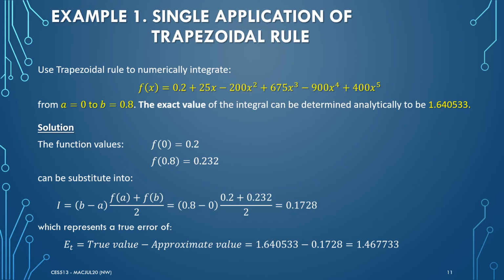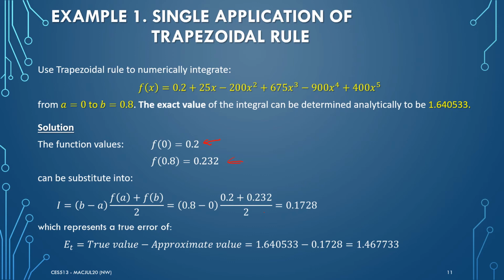For the solution, the function values: when x equals 0, f(x) equals 0.2, while for x equals 0.8, f(x) equals 0.232.